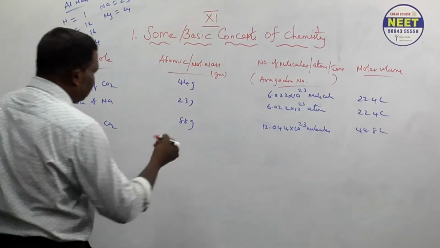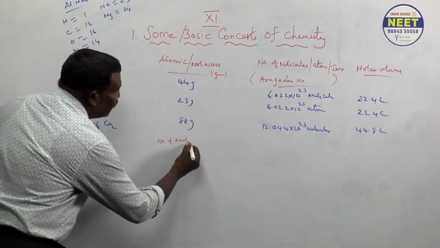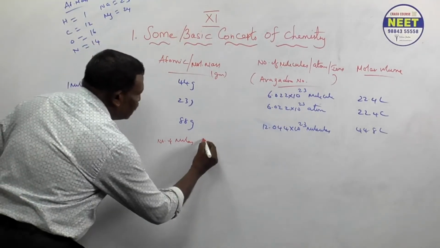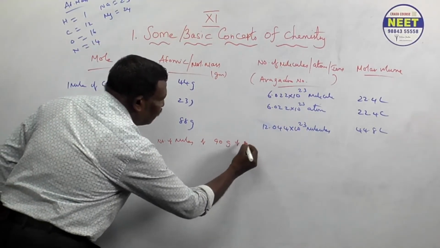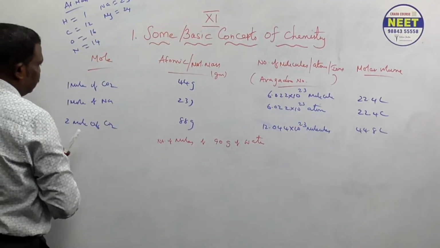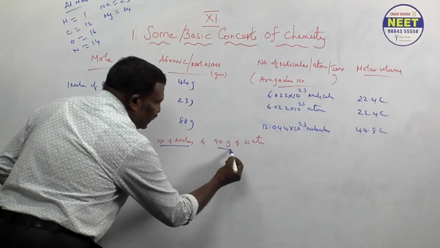What's the question? Calculate number of moles of 90 gram of water. Number of moles, listen carefully, 90 gram.